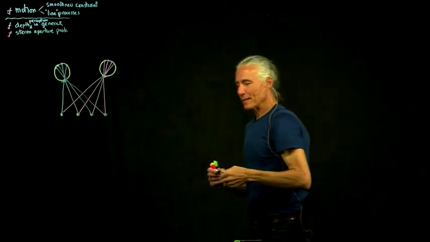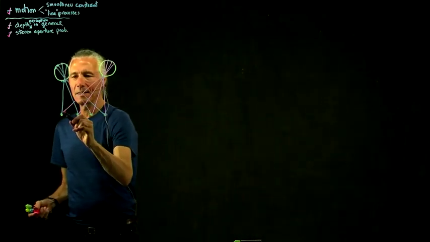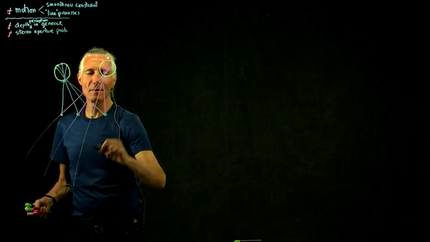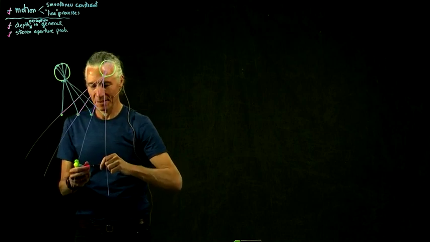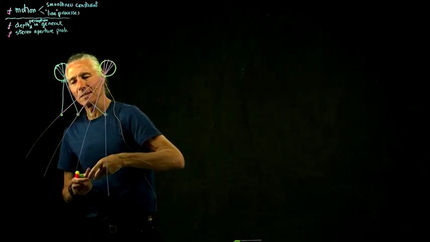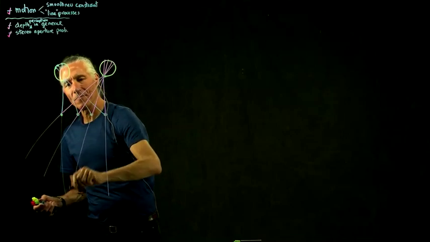But now the problem is there's other places the objects could be. In the computer vision literature, this was called the false targets problem.